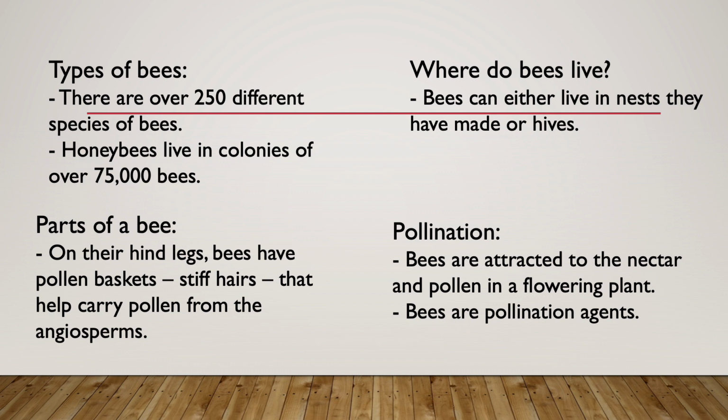Under the subheading of pollination, I've put bees are attracted to the nectar and pollen in a flowering plant, and bees are pollination agents. And last of all, parts of a bee. I have put on their hind leg, bees have pollen baskets, stiff hairs that help to carry pollen from angiosperms. This is because it's actually talking about a part of a bee.